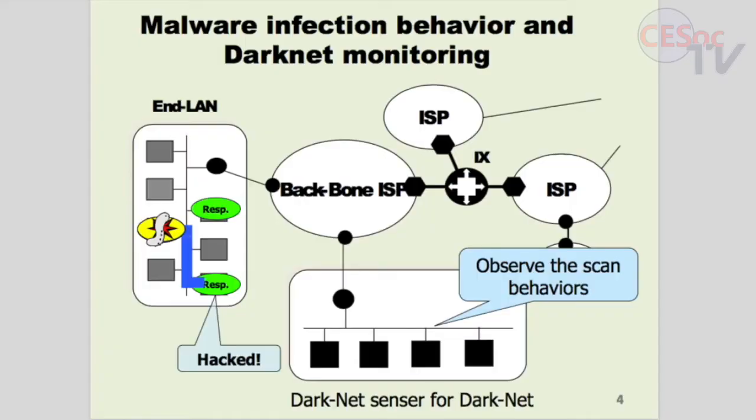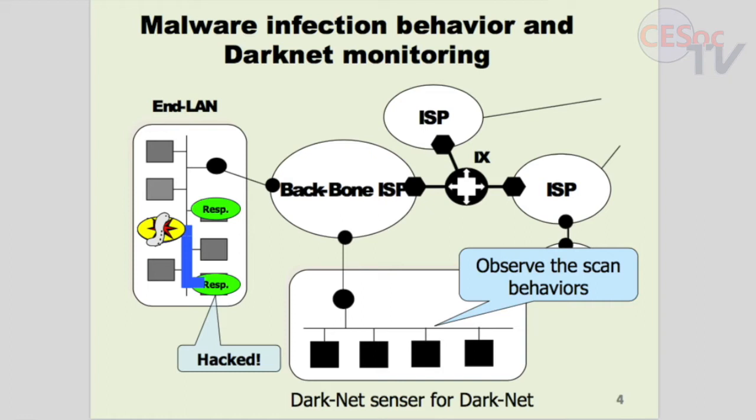In the case of the darknet, we just observe the scan behavior, that's all. But in the case of a live network, it makes a response and establishes a TCP connection, and after that the malware can be injected.